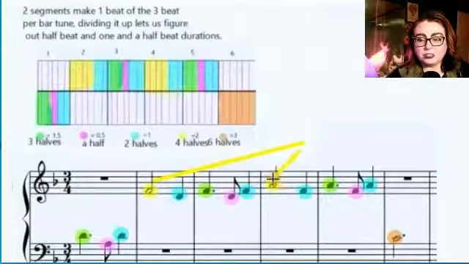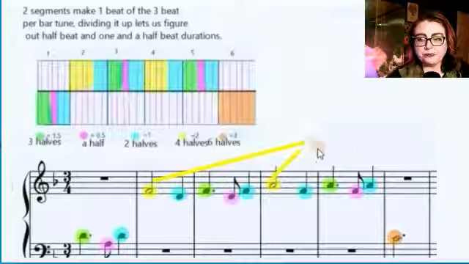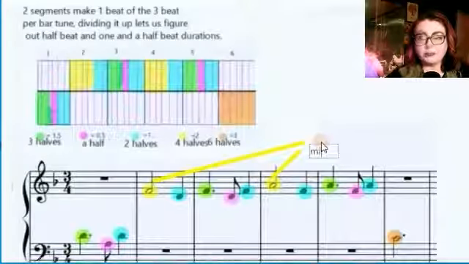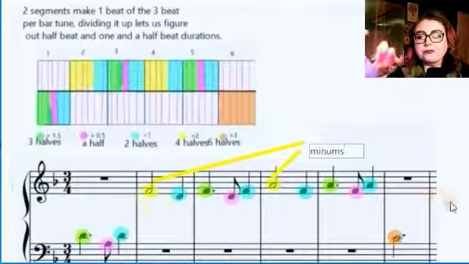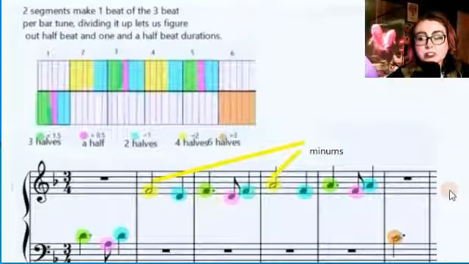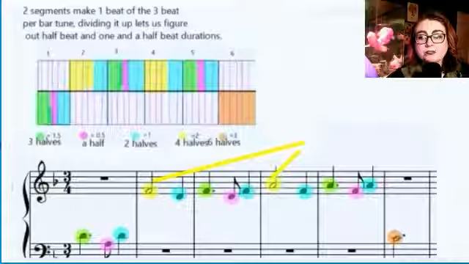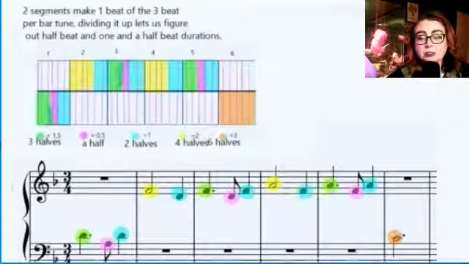So the yellow is minims. A minim is called a half note. Twice as long as a crotchet, because a half's twice as much as a quarter.